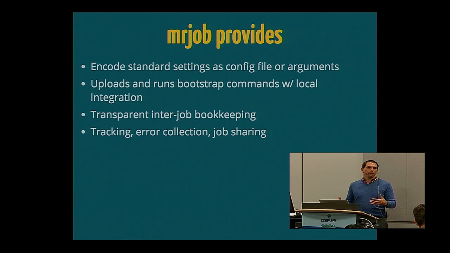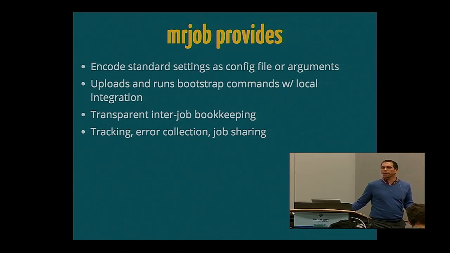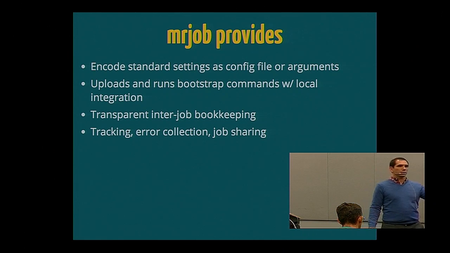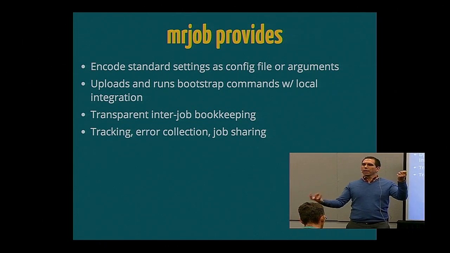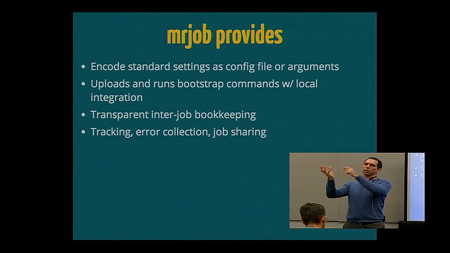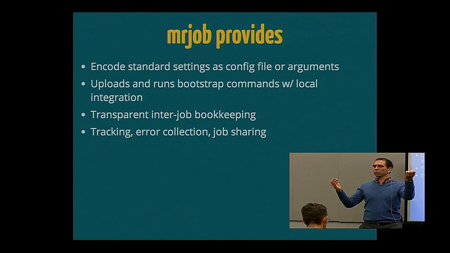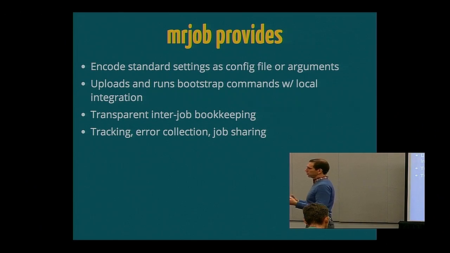So what mrjob does for you is you can specify local files that you'd like to use, and mrjob will upload those into S3 for you. Then when the cluster comes up, the cluster can pull those files from S3. The cluster, by default, is not able to reach back into your local machine to pull the files it needs. So you need to make those files available somewhere else in order for the cluster to use them.